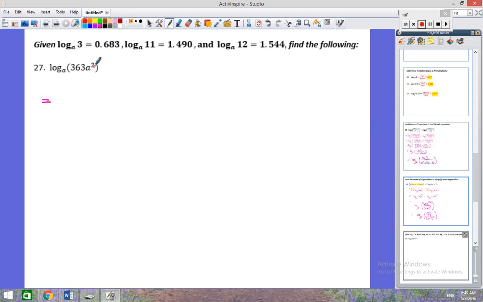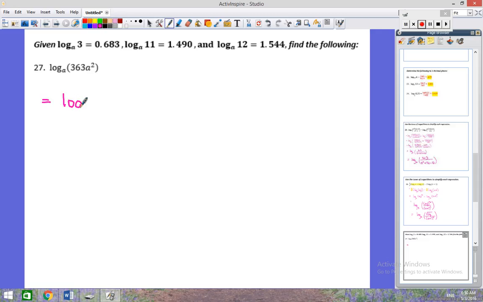Eventually this exponent of 2 will come down out in front, but right now these two factors don't have the same exponent. This is 363 to the first power times a squared. If this squared had been moved to the outside of that parentheses, I'd have to deal with that 2 first. But as it is right now, I'm going to deal with this multiplication first.